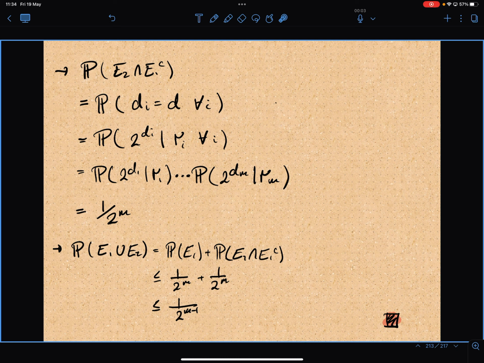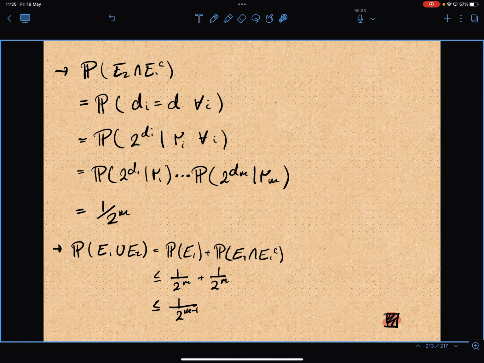And we can break it up into each of the components by using independence. Each of the statements is the probability that 2 to the di divides ri, and this is our base case that we started with. And the probability of each of these events is equal to 1/2. So it's just 1/2 times 1/2 times 1/2, and we have that this probability is equal to 1/2 to the m.